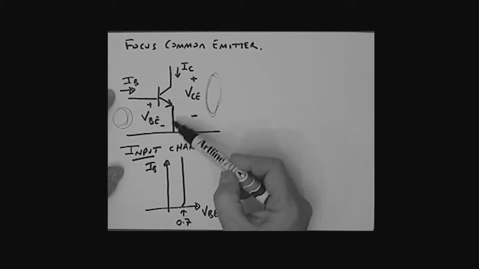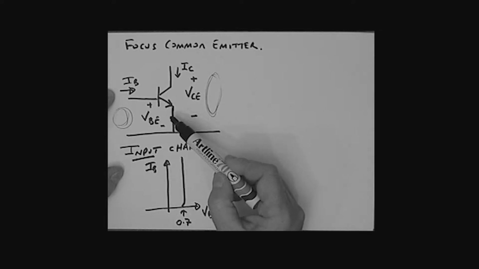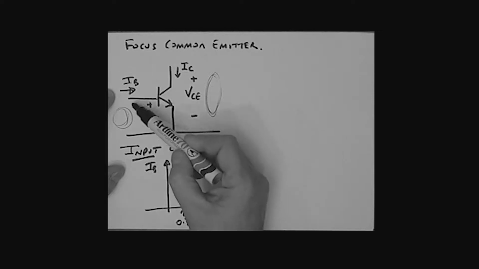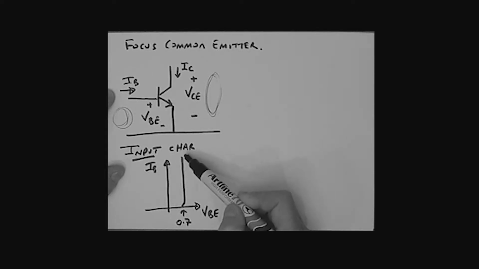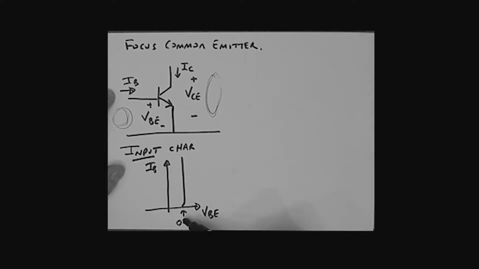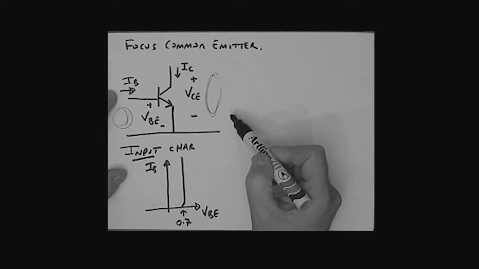So for normally biased transistors, when we're using them in amplifier configurations, not as switches, we will assume, as far as the input characteristics are concerned, that basically the voltage VBE is 0.7. Now let's have a look at the output characteristics.